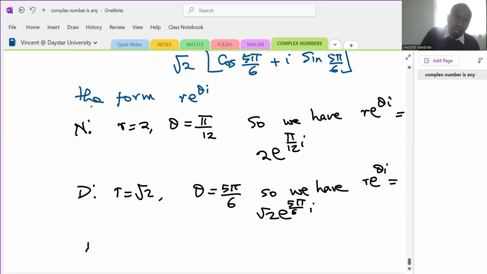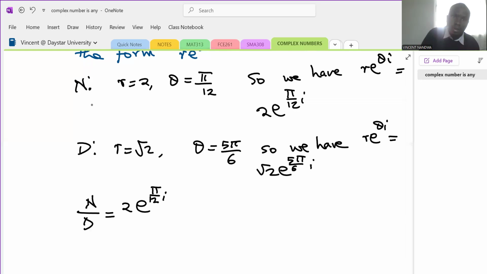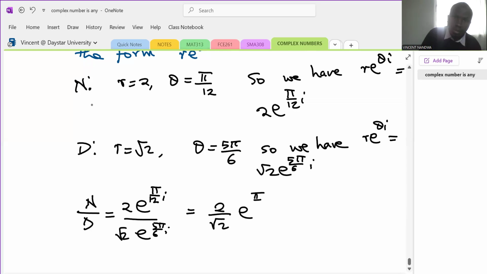Now, numerator over denominator will give us 2 e raised to the power pi over 12 i divided by root 2 e raised to the power 5 pi over 6 i. And then just use laws of indices. So we'll have 2 over root 2 e raised to the power pi over 12 minus 5 pi over 6 i.